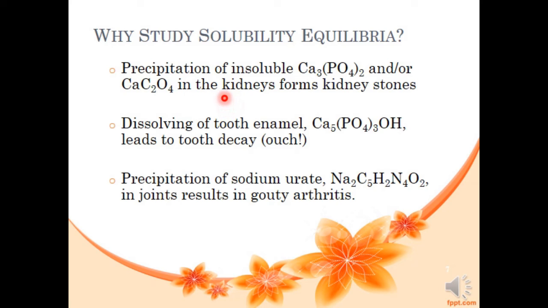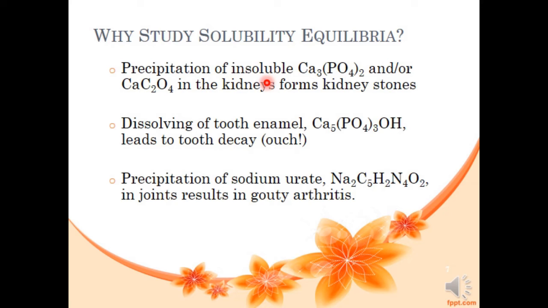So formation of kidney stone is when the equilibrium is driven to the left. When you have a high concentration of calcium and phosphate or calcium and oxalate, solid calcium phosphate or solid calcium oxalate will form.